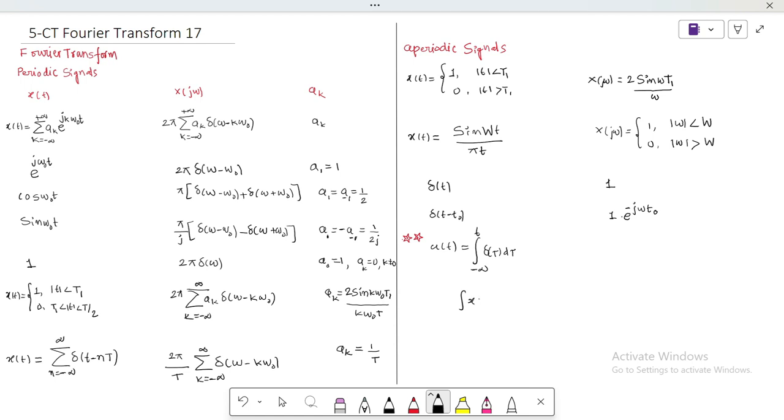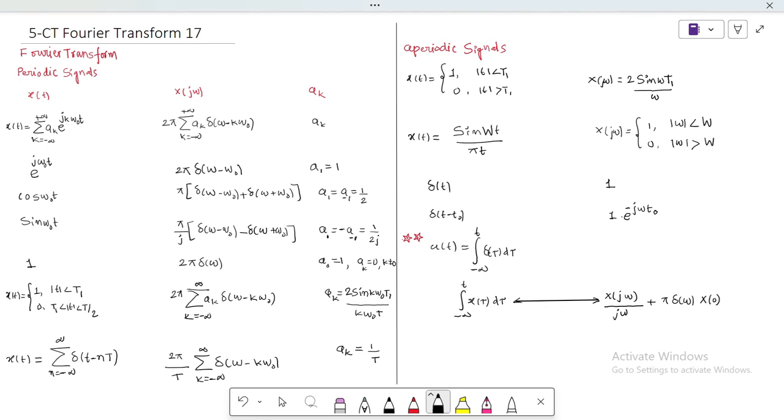For example, the integral of x of tau d tau from minus infinity to t, its Fourier transform, this is called the integration property, equals x of j omega by j omega plus pi into del of omega into x of 0.